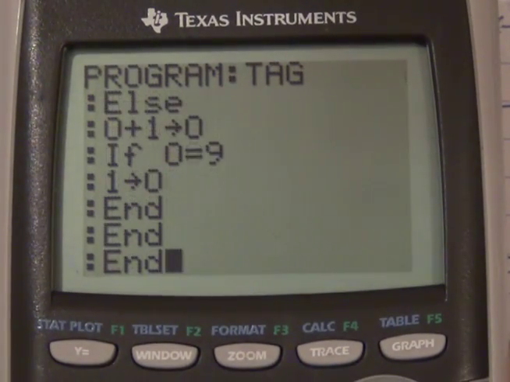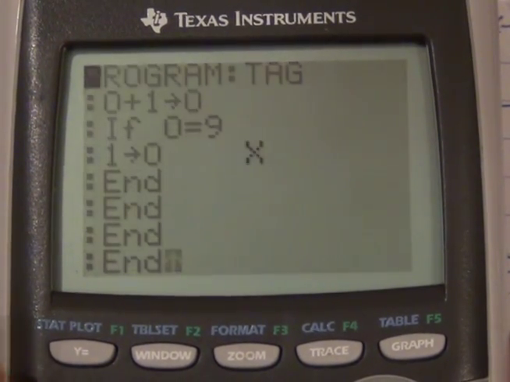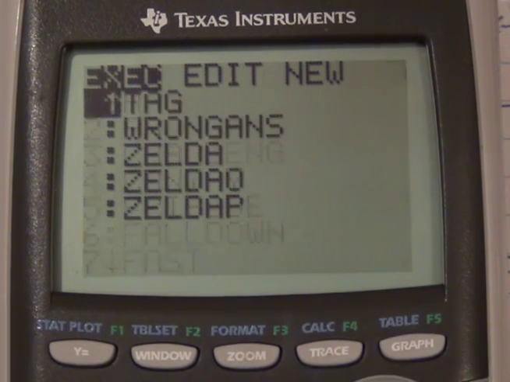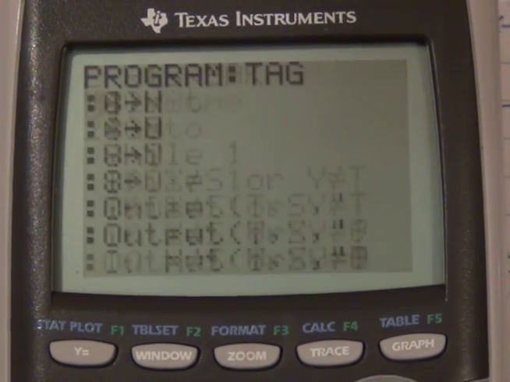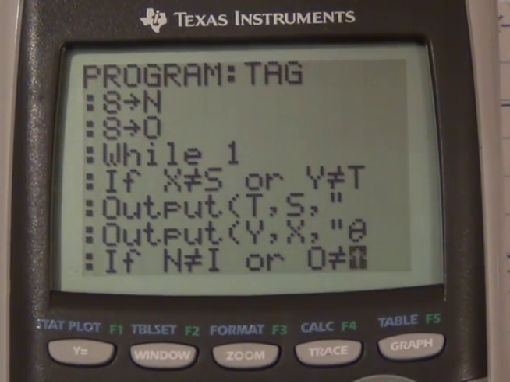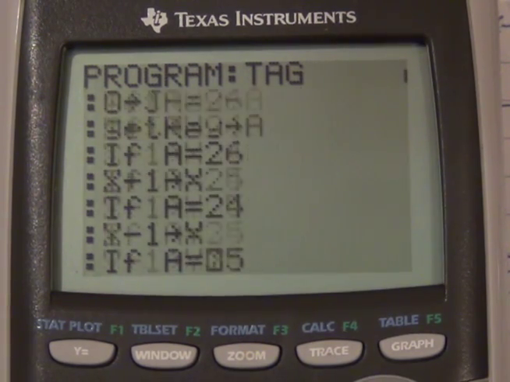If that equals 0, then he can move. Oh, for some reason that's not really working too well.